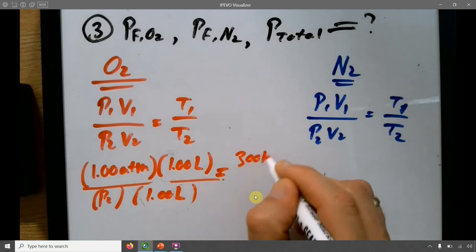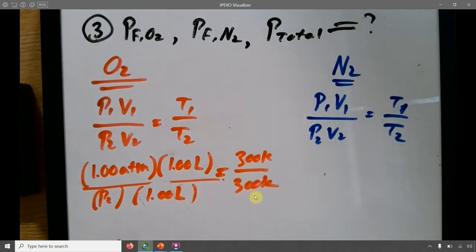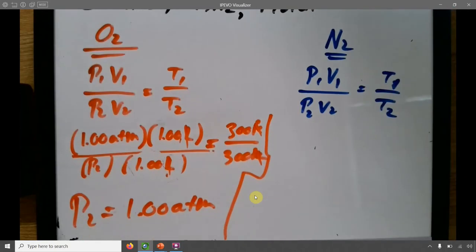T1 is 300 K, T2 is 300 K. If I were to solve here, the K's cancel, the liters cancel, and I'll get atm. My P2 for oxygen ends up being 1 atm. Makes sense, I didn't change anything. If this is the same, this is the same, that's going to be the same. So I have P2 for oxygen as 1 atm.